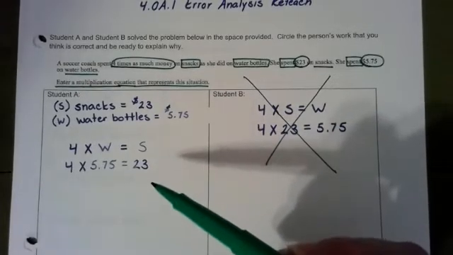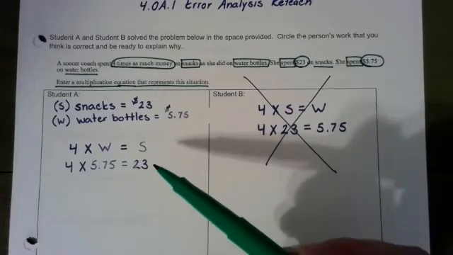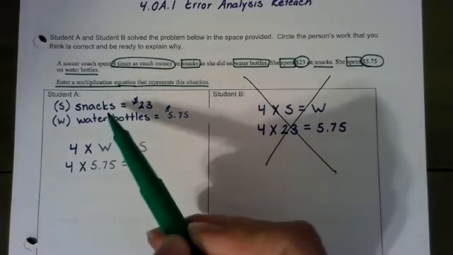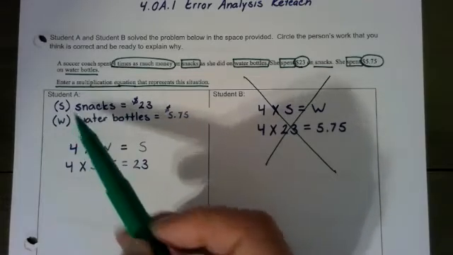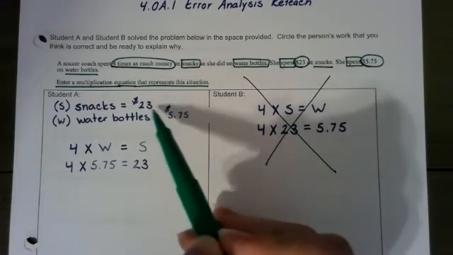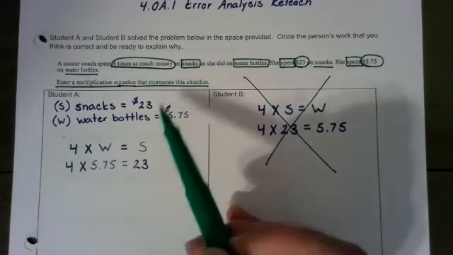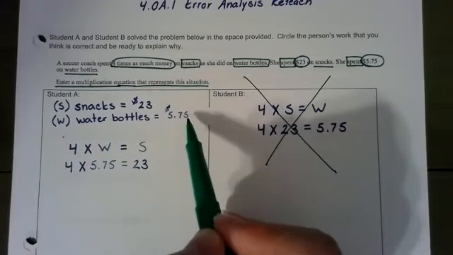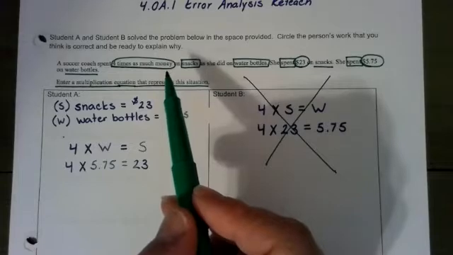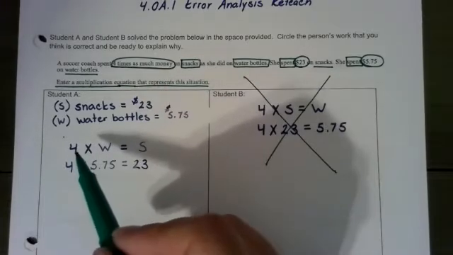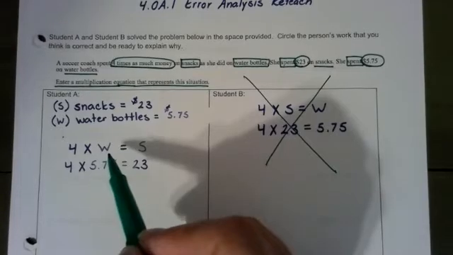Let's look at what made student A correct. Student A recognized the multiplicative relationship of the snacks and the water. They also wrote down the information from the problem. Snacks, S, is equal to $23. Water bottles is equal to $5.75. The problem tells us that the soccer coach spent 4 times as much money on snacks as on water bottles.